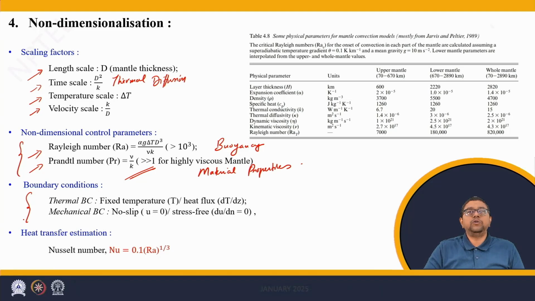Next, we come to the various boundary conditions. The boundary conditions are useful to constrain the solution of the partial differential equations which govern the mantle convection. The thermal boundary condition is fixed temperature at both the boundaries or fixed heat flux at one of the boundaries.